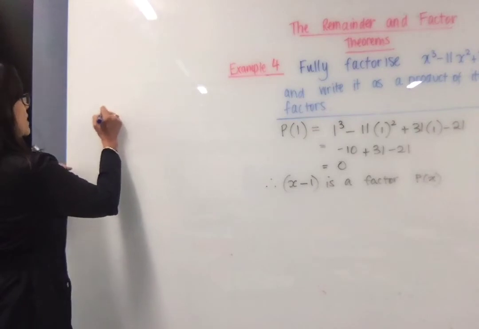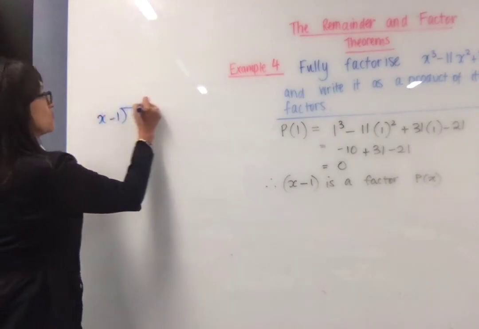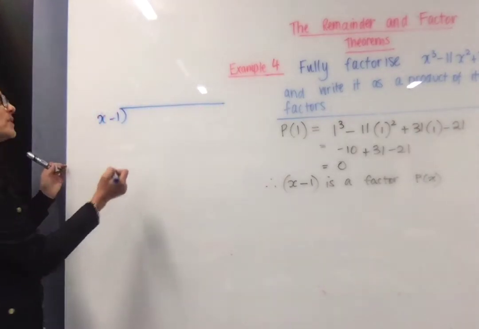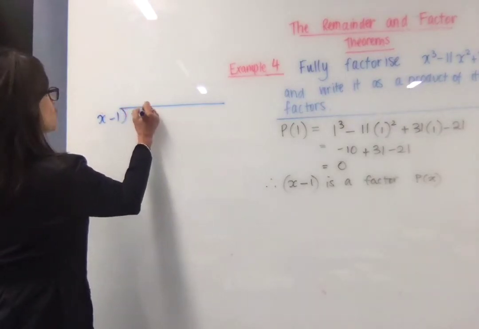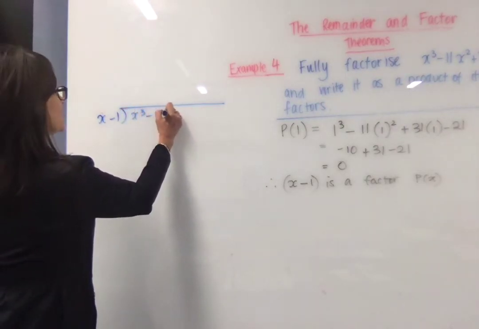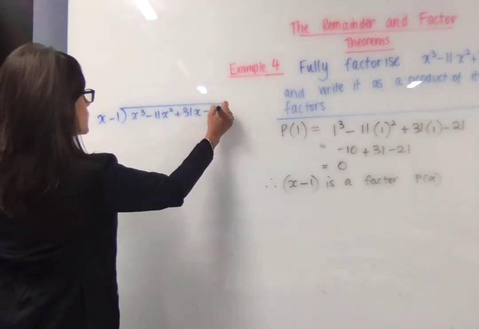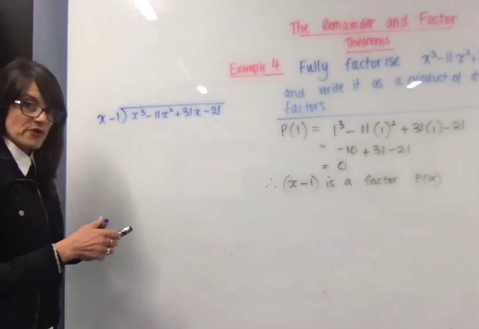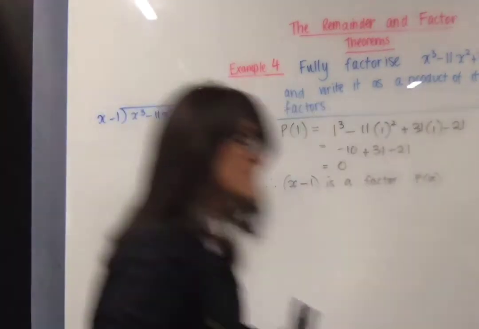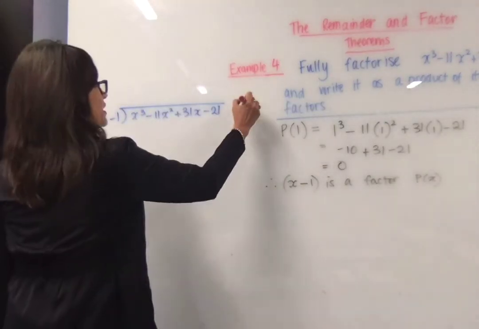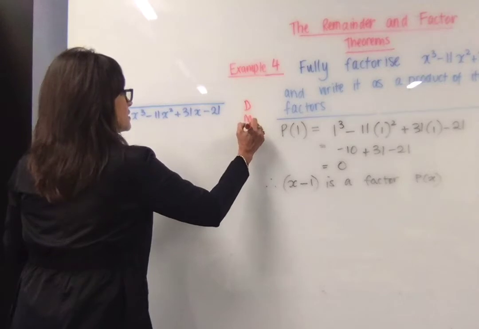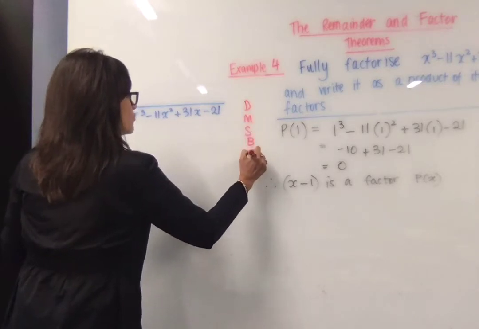So x minus 1 into the polynomial, which is x cubed minus 11x squared plus 31x minus 21. Now remember the process. Dad, mother, sister, brother. Repeat. Dad, mother, sister, brother, repeat.